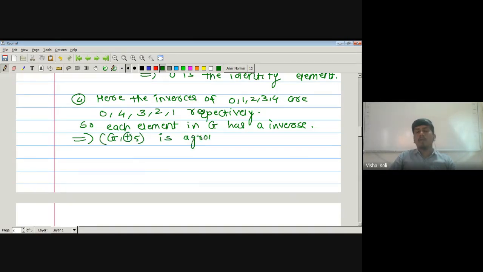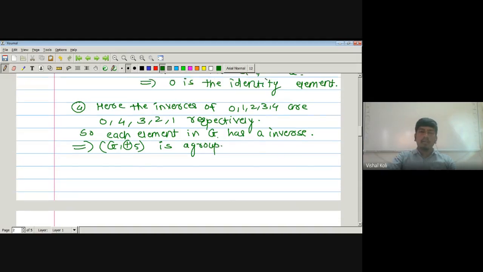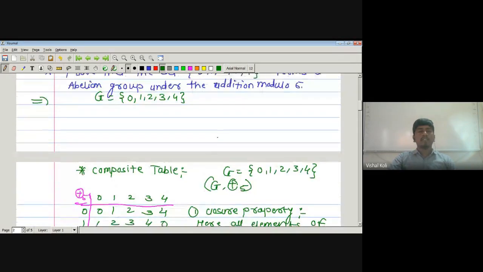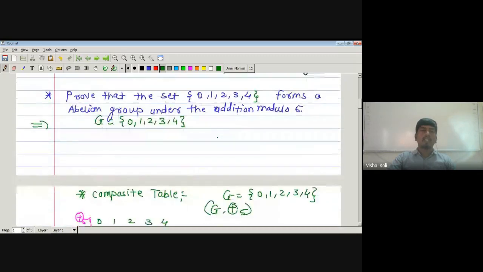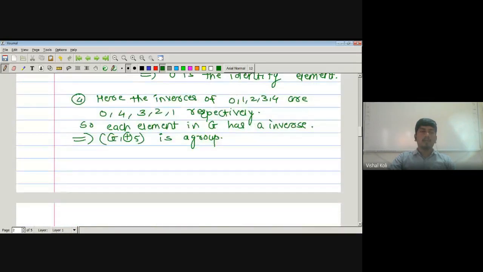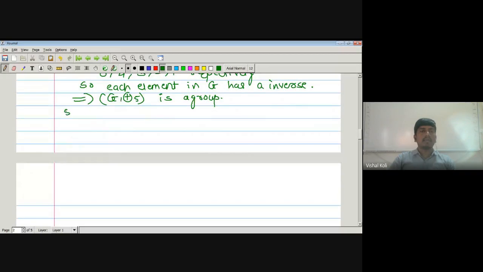Okay, so it is a group, but we have to prove that it is an abelian group. Then we have to show that it also holds the commutative property. That is, the fifth property is nothing but the commutative property. In the given set G, A addition modulo 5 B is always equal to B addition modulo 5 A. So it holds the commutative property also.